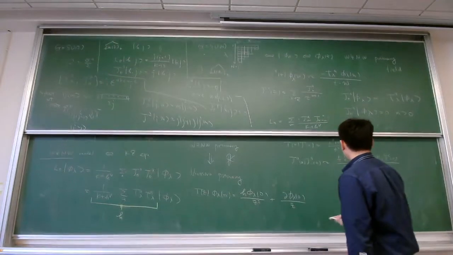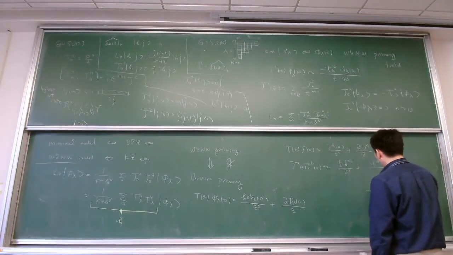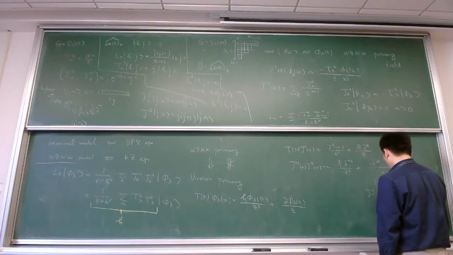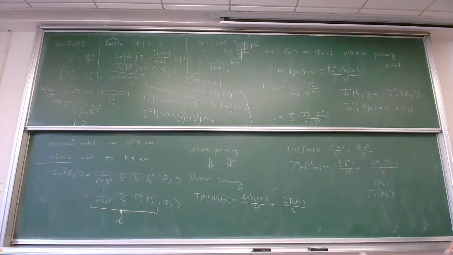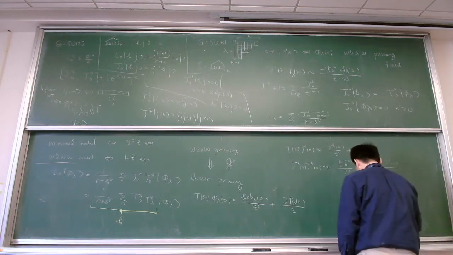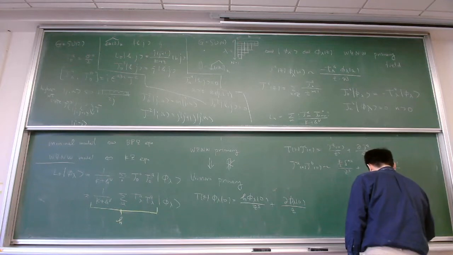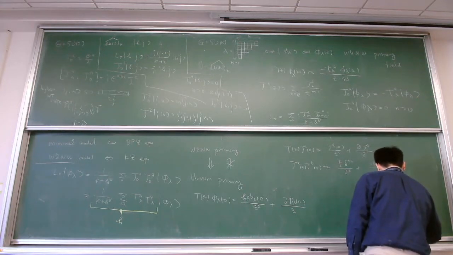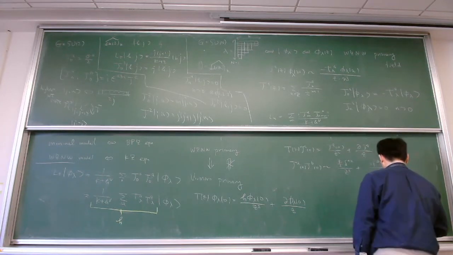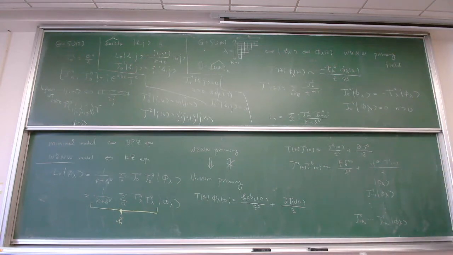Then you start acting with J^A_(-n_1) and so on on phi lambda to get the descendants: J^A_(-n_1) through J^A_(-n_k) acting on phi lambda. These are called WZNW descendant states.